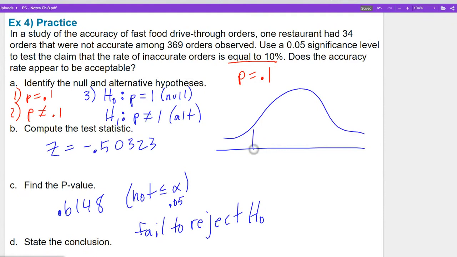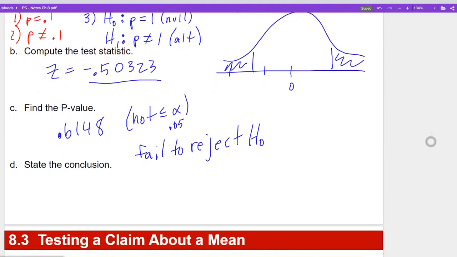We haven't seen very many that were two-tailed here. If it's an equals, it's going to be two tails. And so your test statistic tells me to look to the left of this, wherever it is. But anyway, we can tell from the p-value that we're going to fail to reject this.